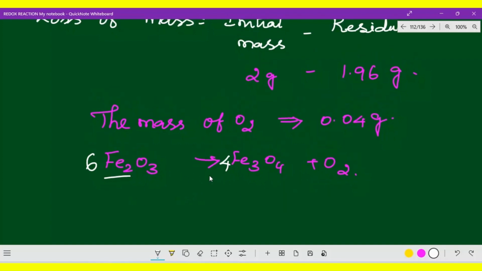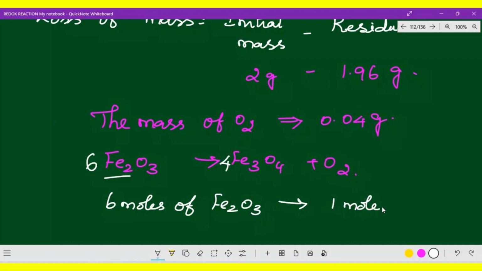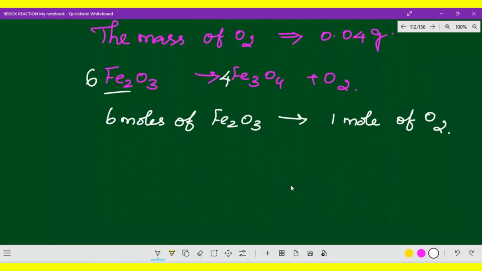Therefore, what is the molecular mass of Fe2O3? I just mentioned 6 moles of Fe2O3 can produce 1 mole of oxygen, right? Therefore, 160 gram per mole. This is the molecular mass, 160 gram per mole.